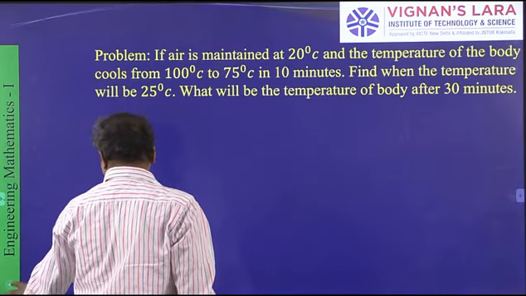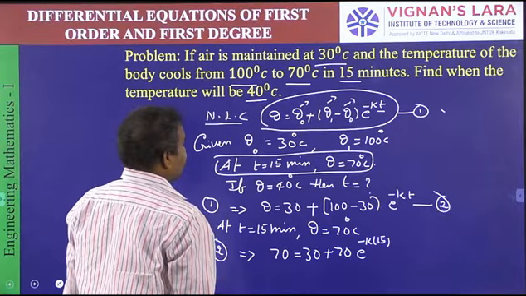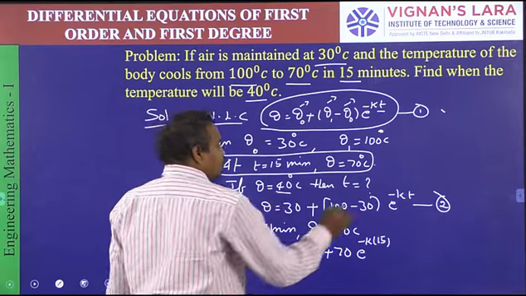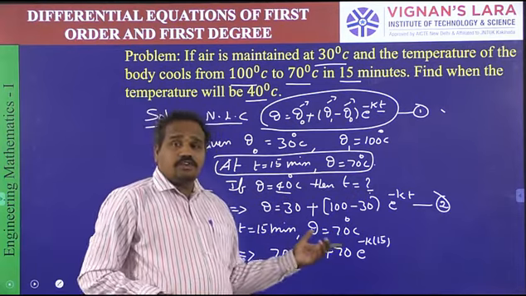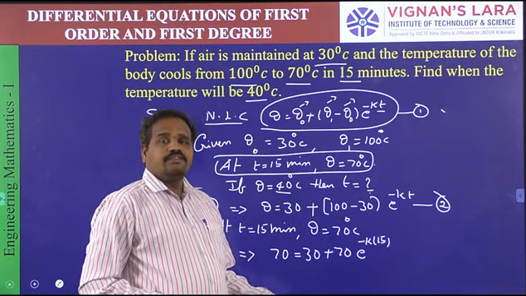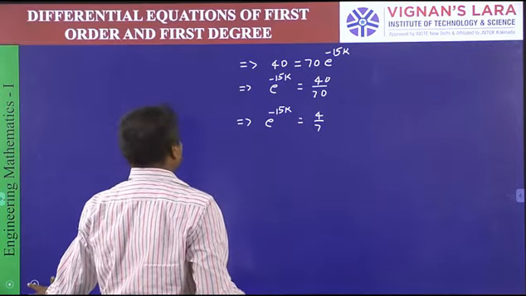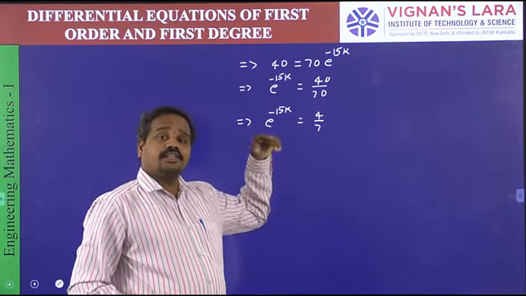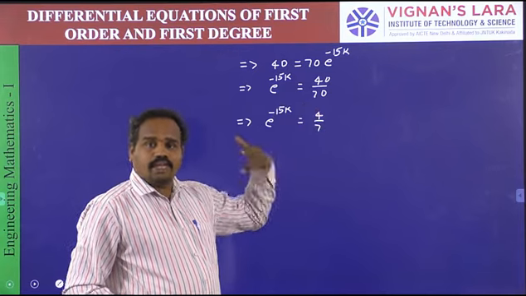Now here we have to observe one condition. Here he gave theta, we have to calculate t. So here we don't know the value of t, and that's why we have to calculate t from the condition. In the previous problem, I calculated only e power minus 10k, because there is a relation between the given time and the evaluation time.